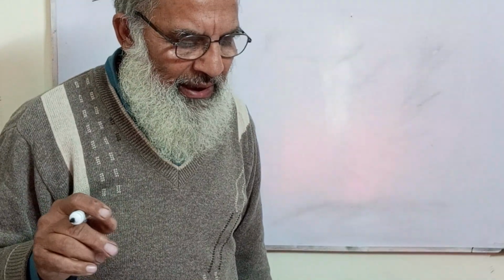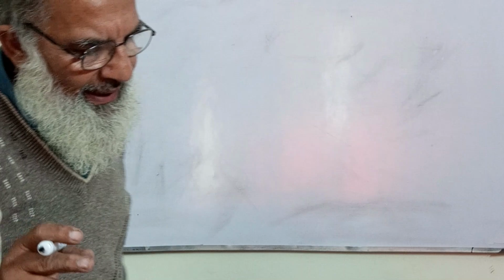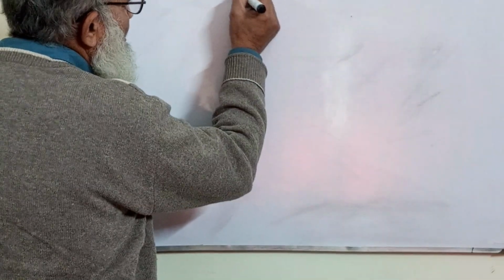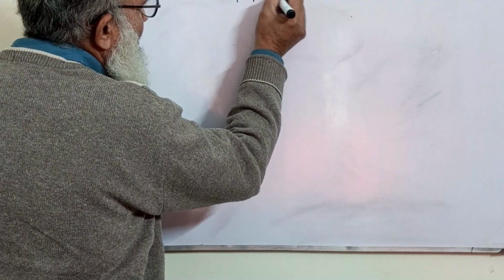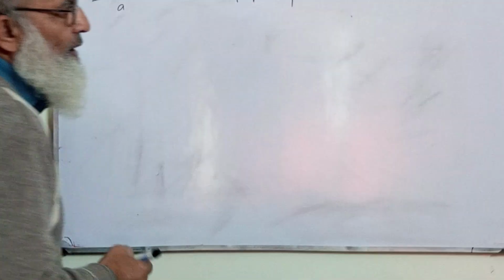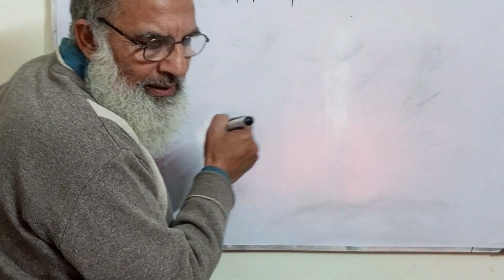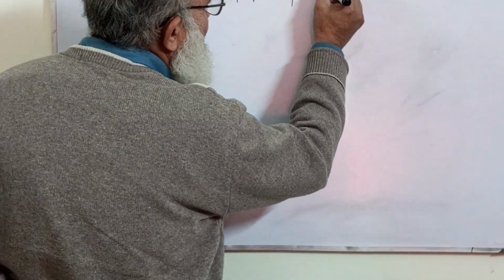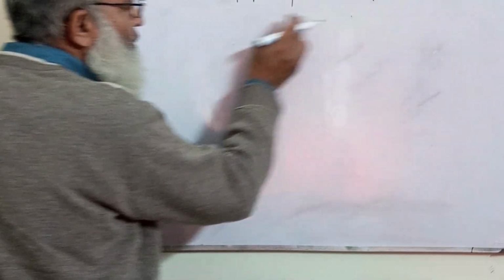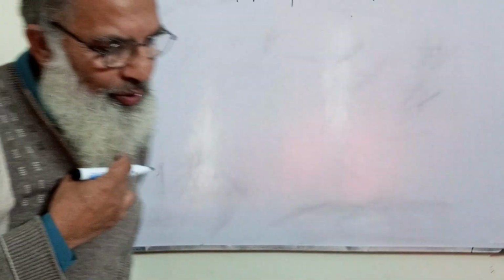A cheetah can maintain its top speed at 31 meters per second. Now, top speed V1 is equal to 31 meters per second. Whatsoever is given to you, just write it in your notebook.